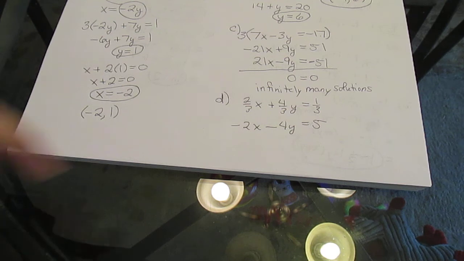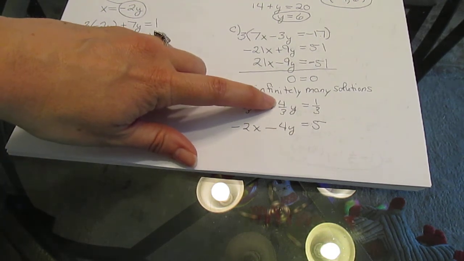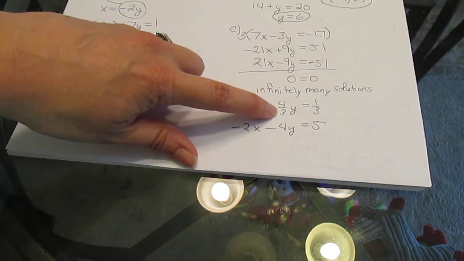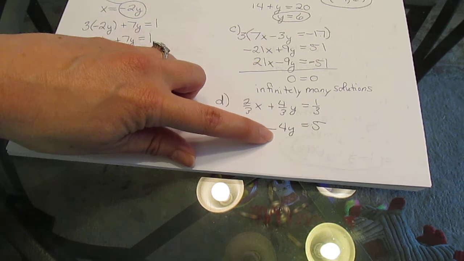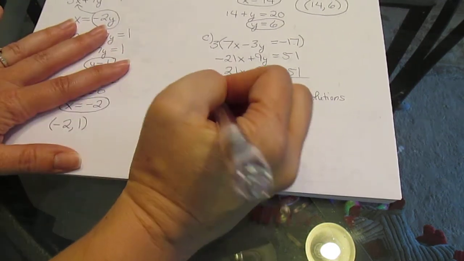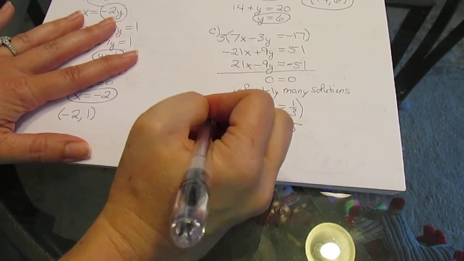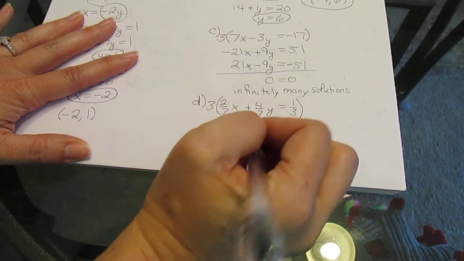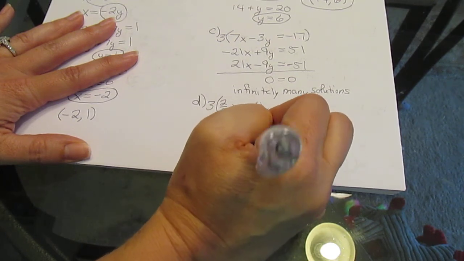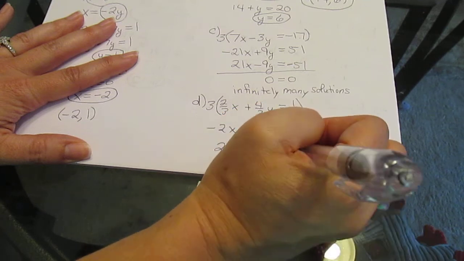Doesn't matter which one you work with, so let's just look at the y's this time. I noticed that if I multiply this one by 3, the 3's will cancel out and I'll have a 4y, and this one's a negative 4y. So I'm going to multiply the top equation by 3, and we get 2x plus 4y equals 1.